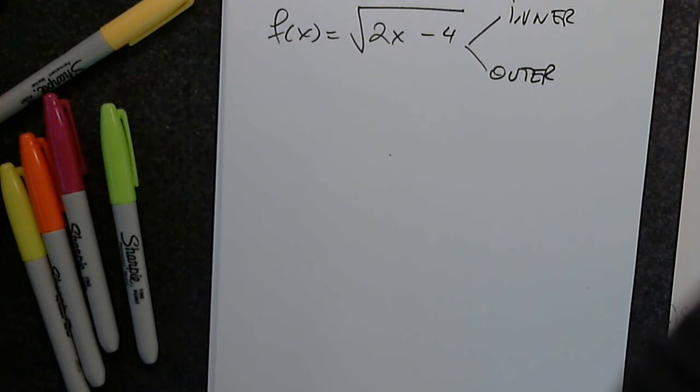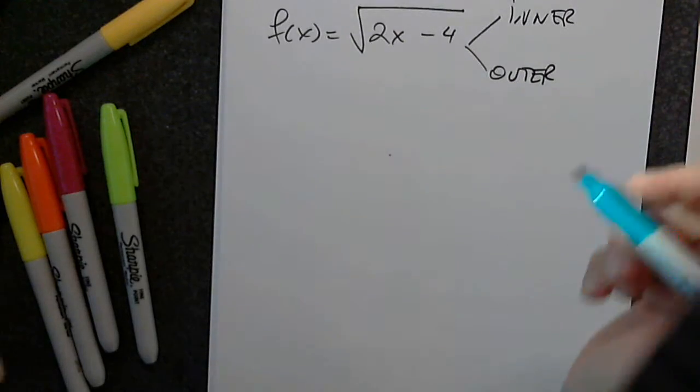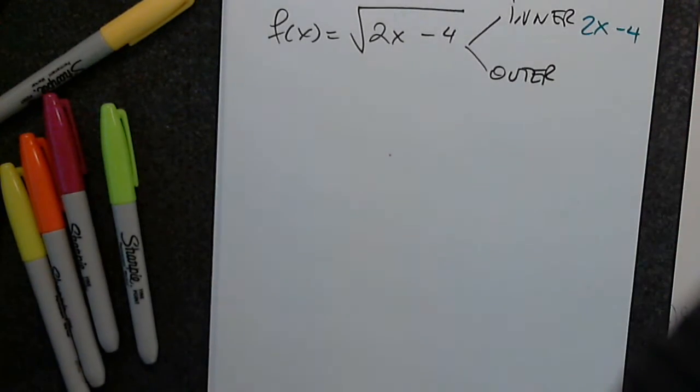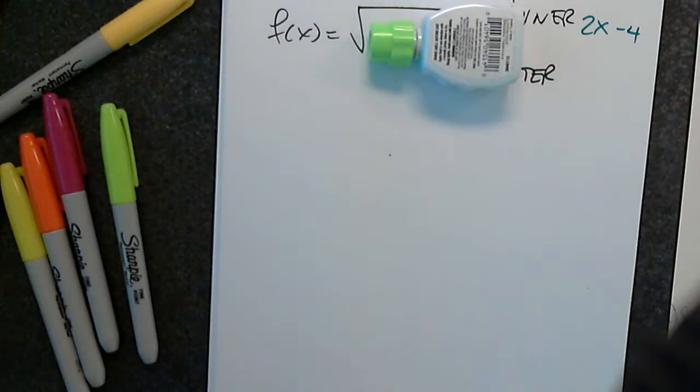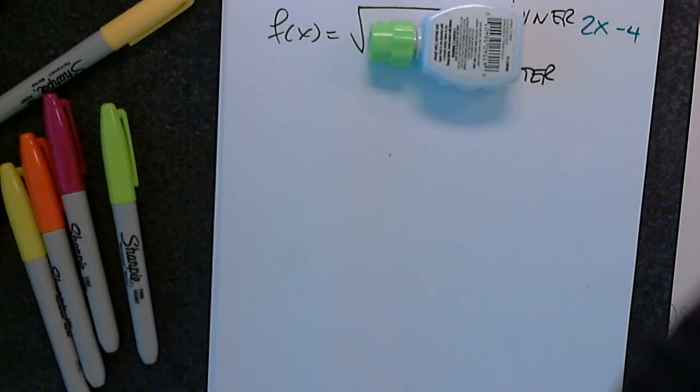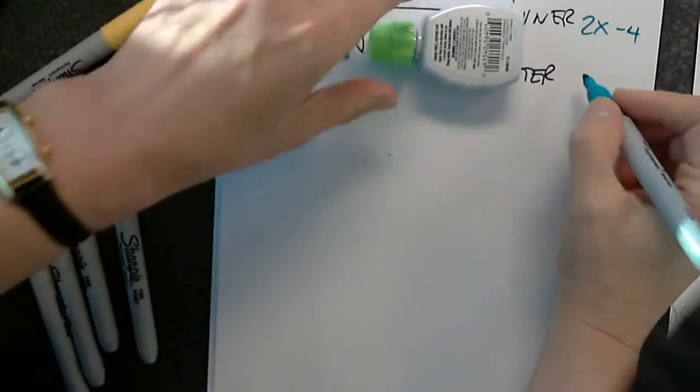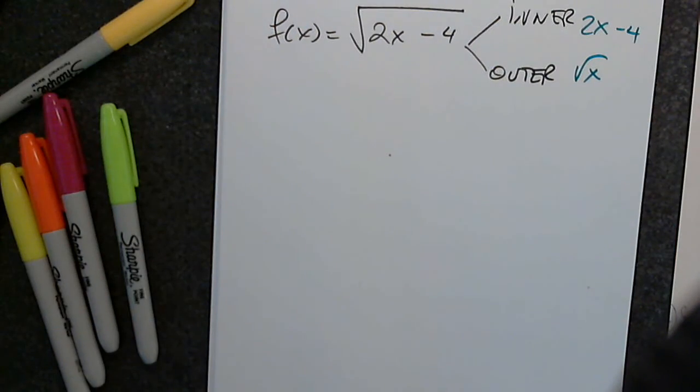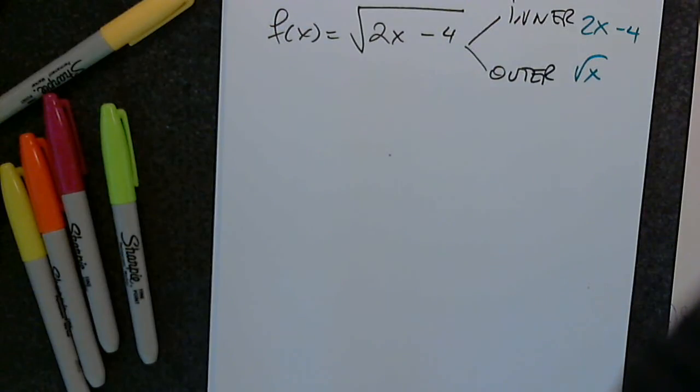That will be your inner. Of course, I don't have a choice. I have to evaluate 2x minus 4 first. And then when I'm done and I get one number here, just a single number, which function do I apply to that single number? That's it. That's all it is. So what did we accomplish here? We decomposed the function into two functions.